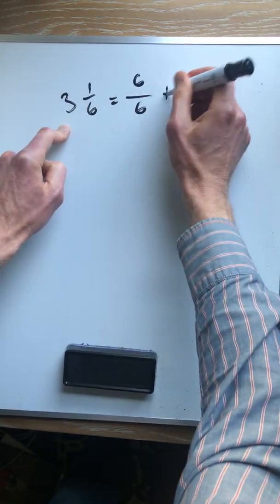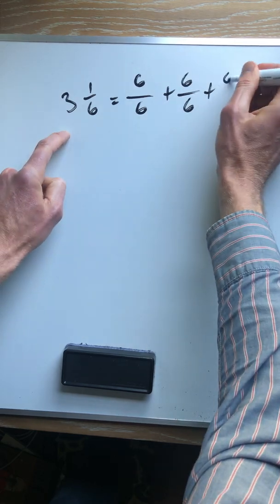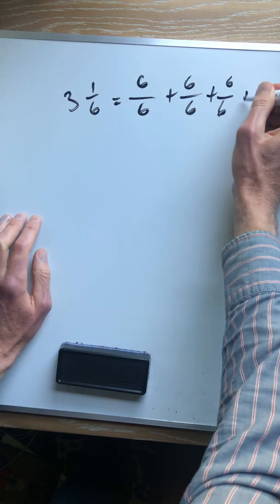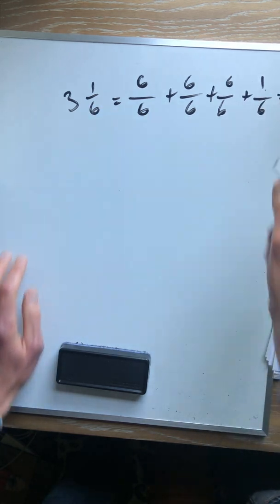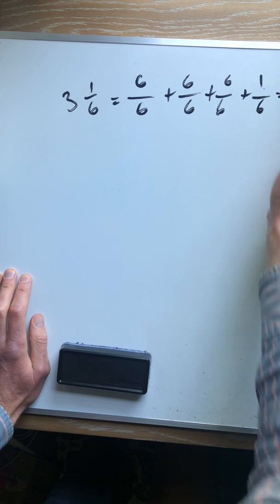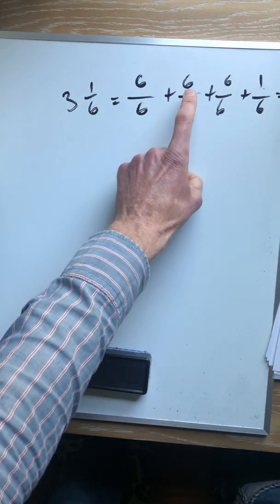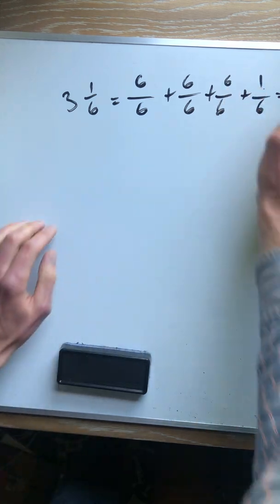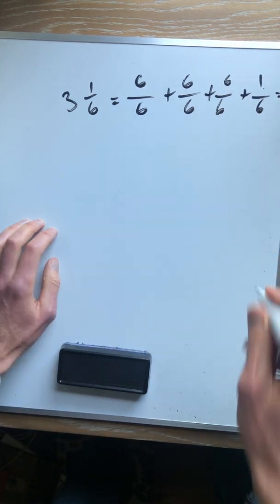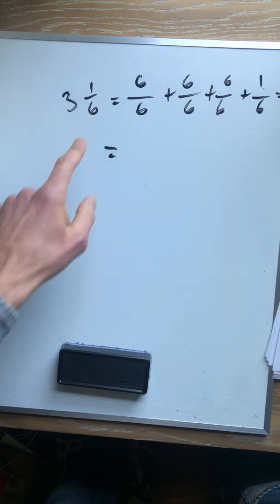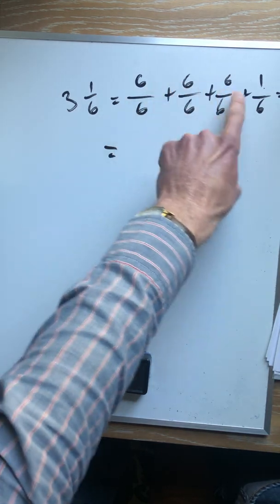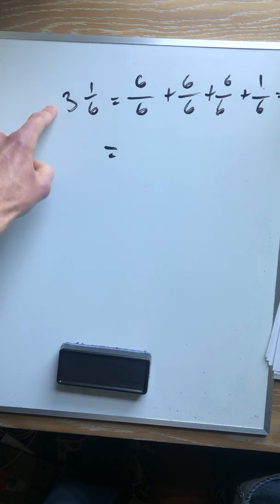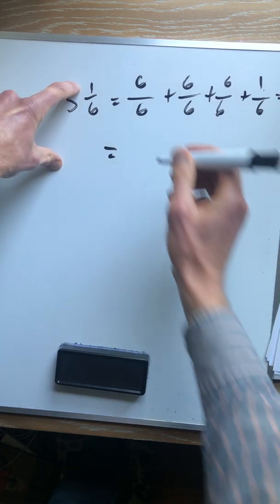I've got one whole, two wholes, and now three wholes, 1, 2, 3, and now I add the 1/6. I can just add them up. We're talking about sixths. 6 plus 6 is 12, 12 plus 6 is 18, plus 1 is 19. Which is the same as saying 6 times 3 is 18, plus 1 is 19.